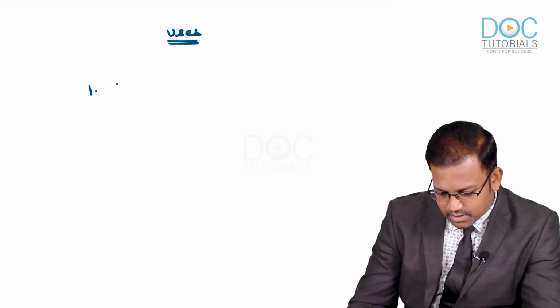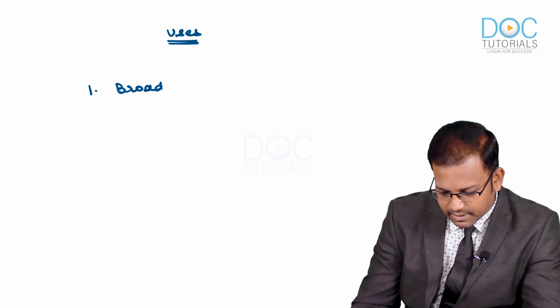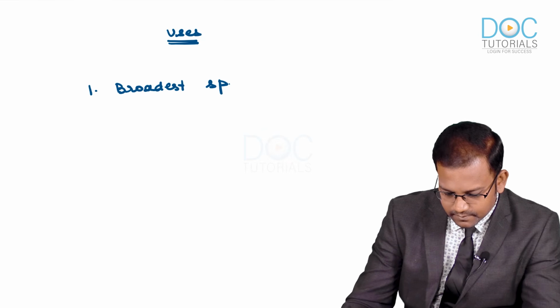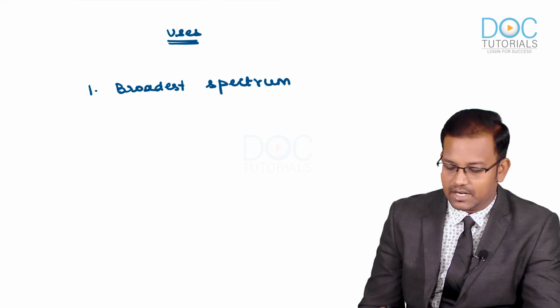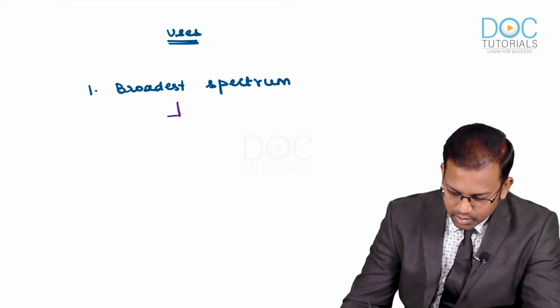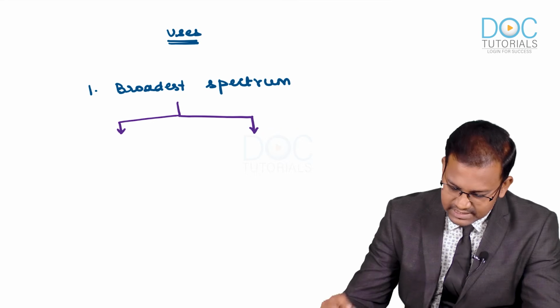Most important point, this drug is one of the broadest spectrum antifungal agents. But from this, I'm going to talk about two major important points, guys. Yes, it is a broad spectrum.